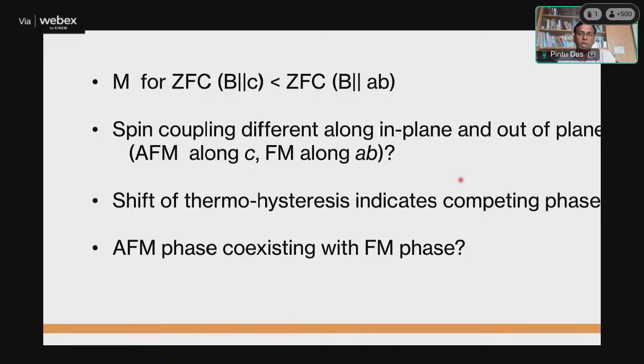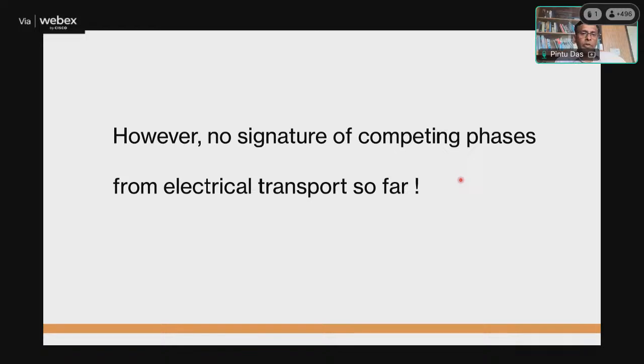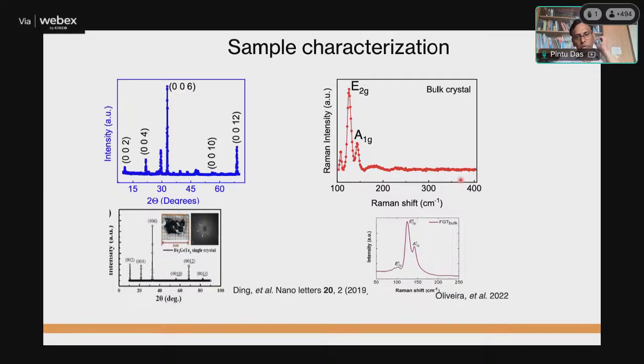So we were looking at where this ferromagnetism and antiferromagnetism come from. There are some suggestions that there could be interlayer antiferromagnetic coupling between the layers, but this was not settled. There was no signature of any competing phases from electrical transport reported so far.